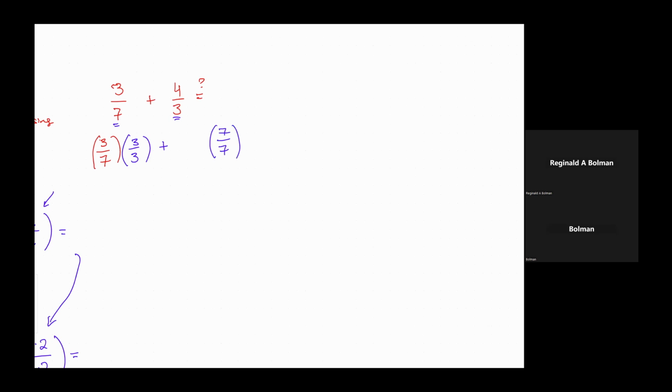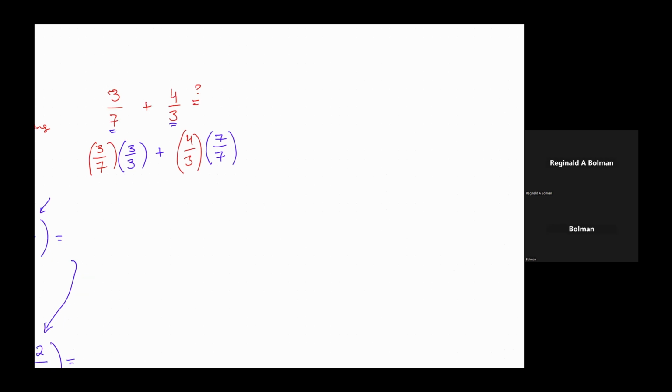Now, it should be known to students that these numbers, 7/7 and 3/3, aren't just magically appearing. It seems as though these numbers are just magically appearing within our equation, but you should take a step back and understand that, if you have a statement like 2 is equal to 2, you can't just randomly create new numbers and multiply them with one side of the equation and not the other, right?